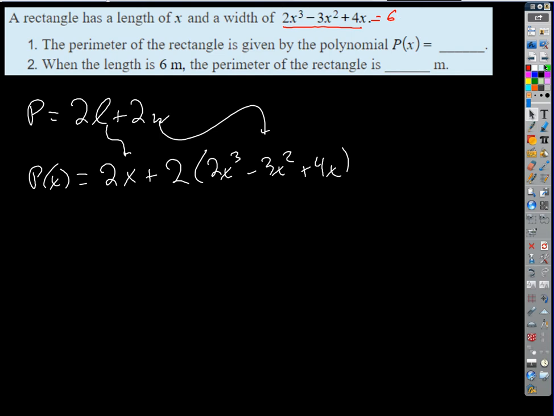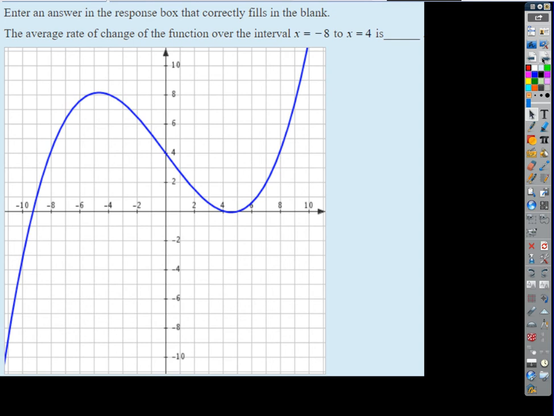Anyway, so, all right, we want to talk about one other thing too, average rate of change. So if we're going to look at the interval from -8 to +4, everybody quickly, why don't you just get out your note paper or your notebook and scratch that out.